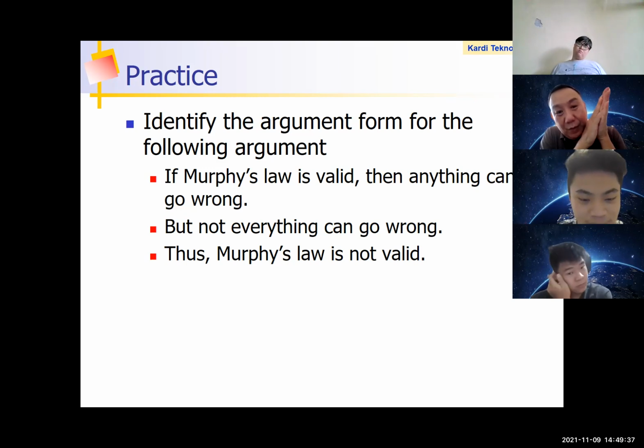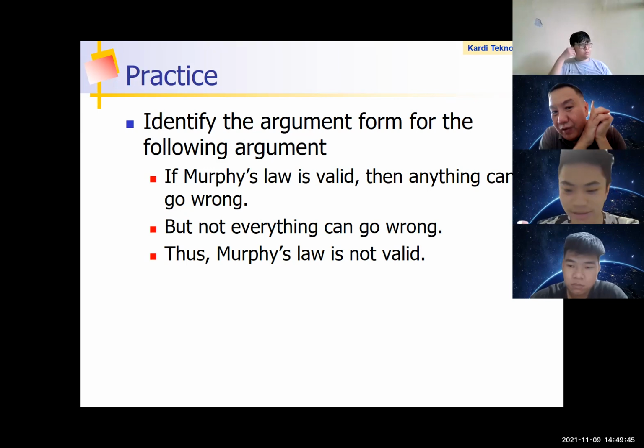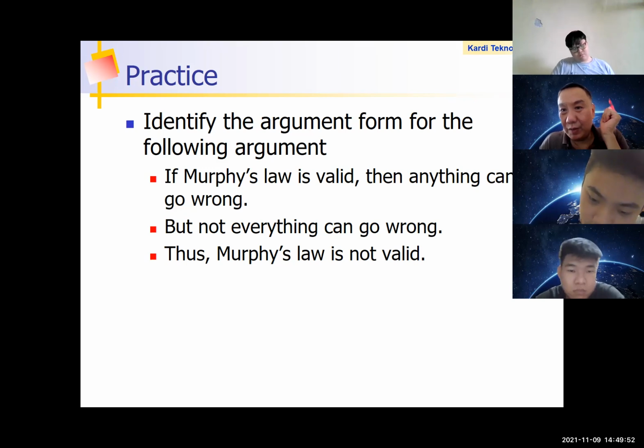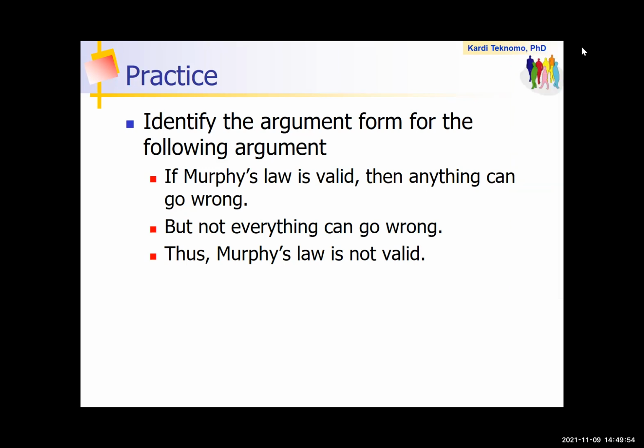So you put a variable. Okay, let's name it P. P equals Murphy's law is valid. Okay, and then Q. What is Q in this case? Q will say anything can go wrong.